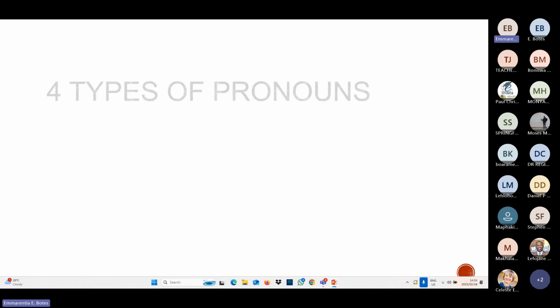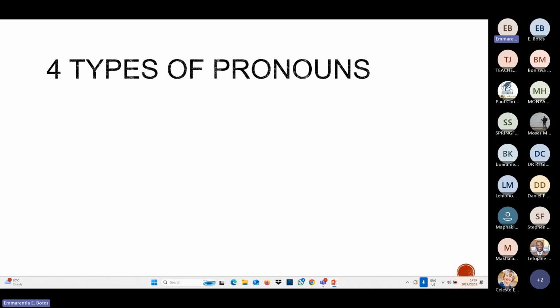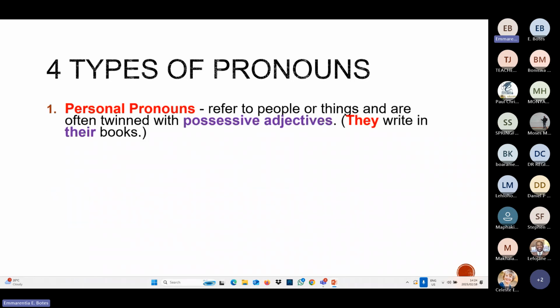So let us just recap then our 4 types of pronouns. At number 1, we have personal pronouns, which refer to people or things and are often twinned with possessive adjectives. For an example, they write in their books.